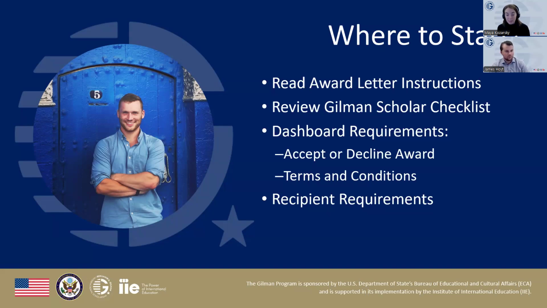Gilman tasks and submissions are completed through the online portal, and there are generally 4 steps to receiving your funds. 1, accept your award and update your program details as needed. 2, complete the terms and conditions. 3, complete all requirements on the recipient tab of your portal, including uploading all required documents. And 4, the Gilman team will review your documents and let you know if any changes are required before approving.